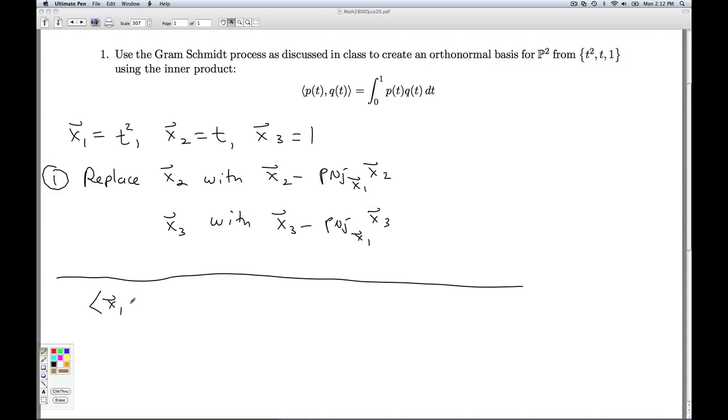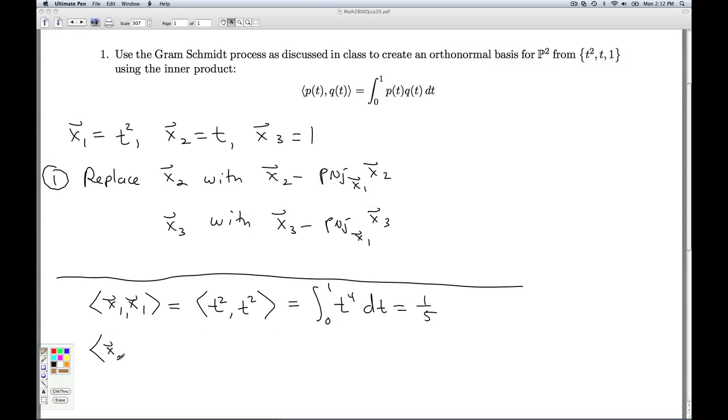The inner product of x1 with itself, so this is the length of this vector x1. According to the inner product, I multiply them together and then integrate. I'm integrating from 0 to 1, t squared times t squared, that's t to the 4th dt, and I get 1/5.